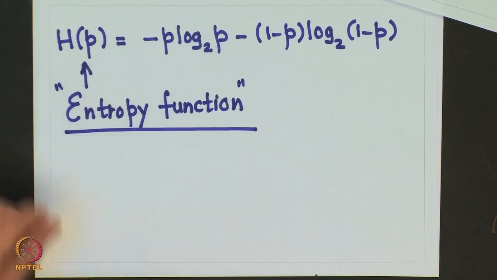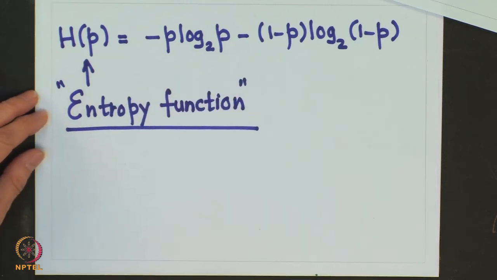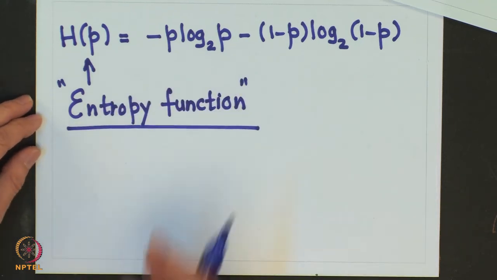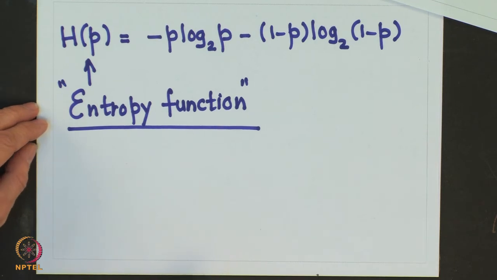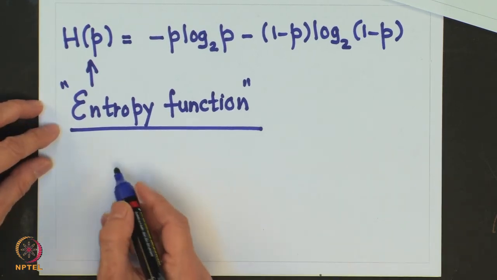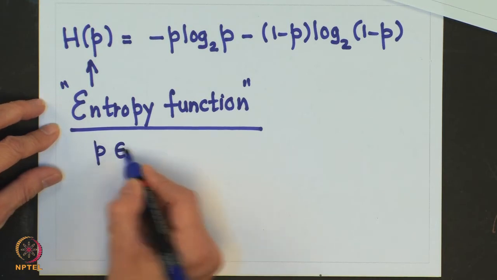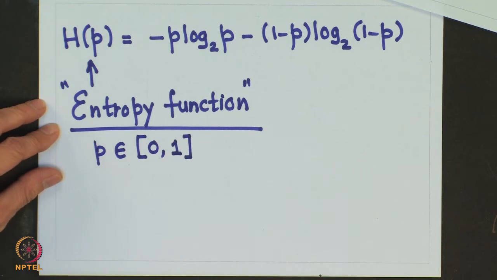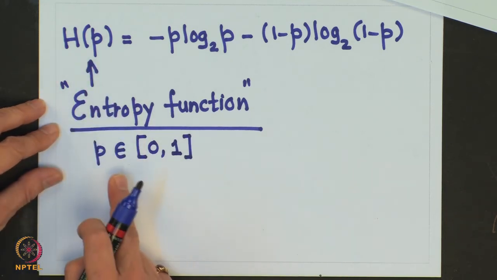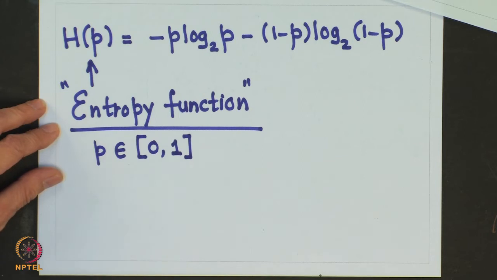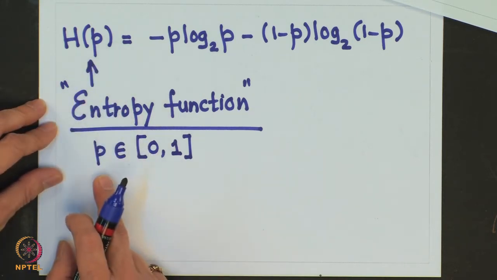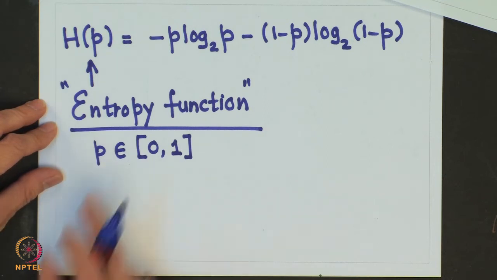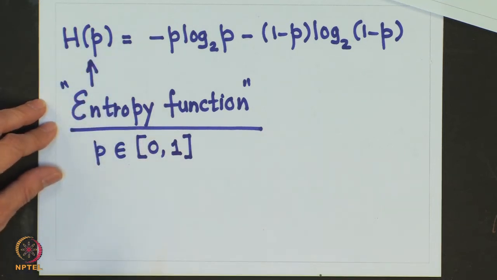Okay, fine. Now, if you take this H(P), what are the characteristics of this entropy function? It's easy to see that for P between 0 and 1, H(P) will be minimum when P is equal to either 0 or 1, and the maximum will be when P is equal to half, and the maximum value of this entropy function would be equal to 1.